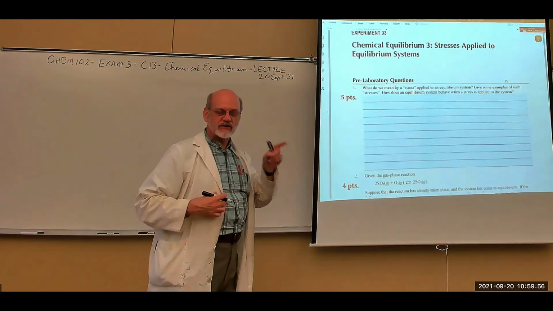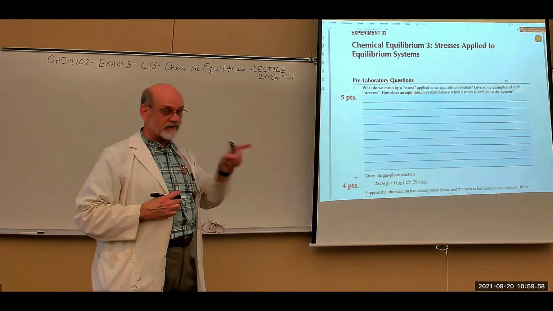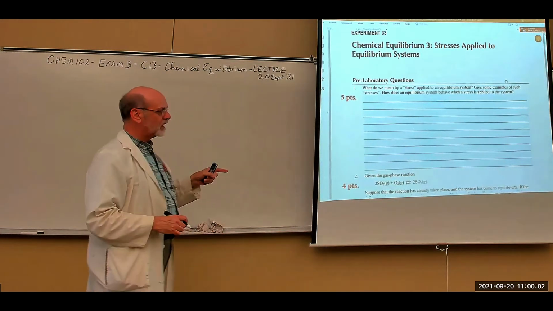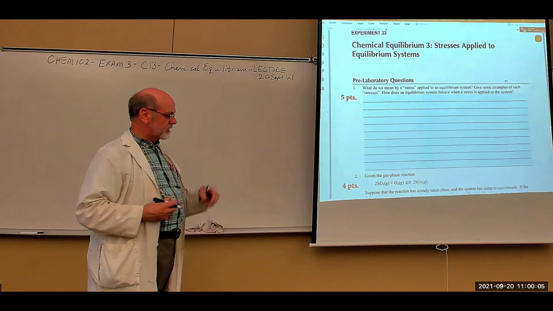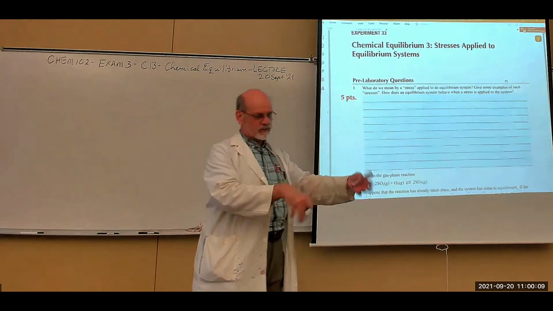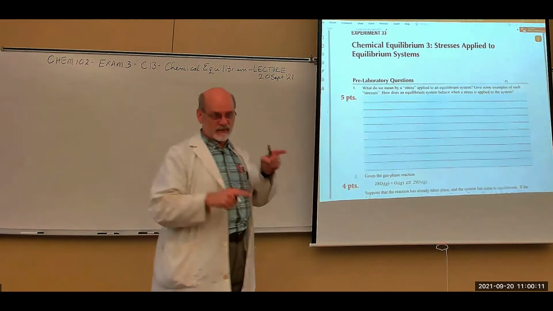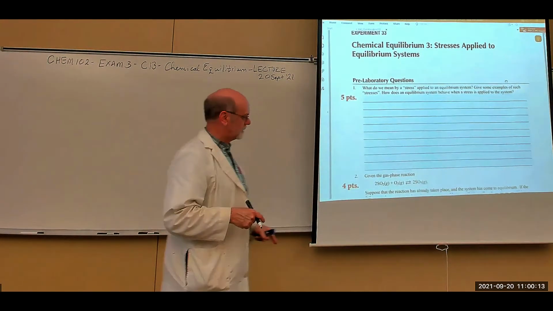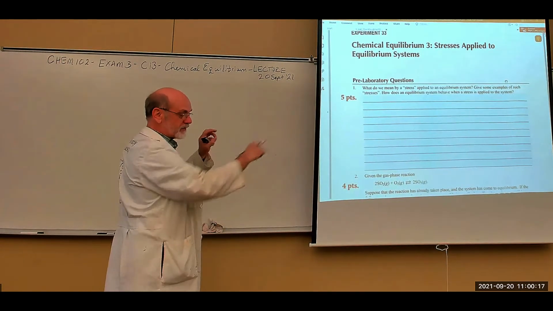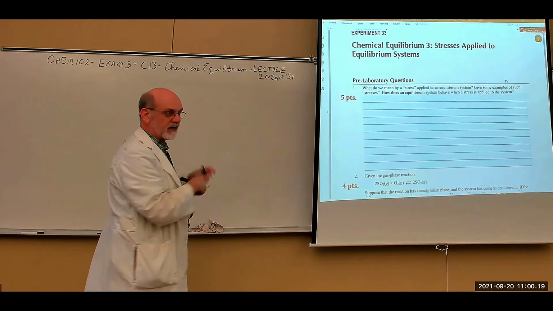So if you're going to say shift to the left, shift to the right, you better have an equation to go with it or it's wrong. Okay? Otherwise, you would say shift to make more product or shift to make more reactant and name them. What are they? I find it easier to include the balanced equation and then say it shifts to the right or the left.